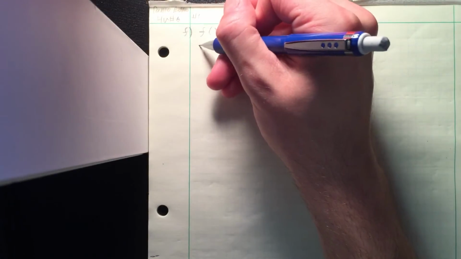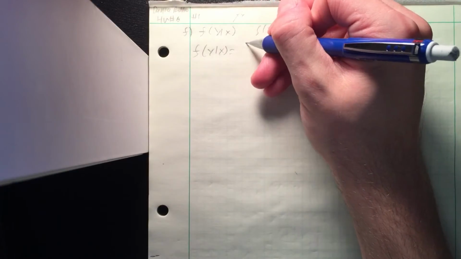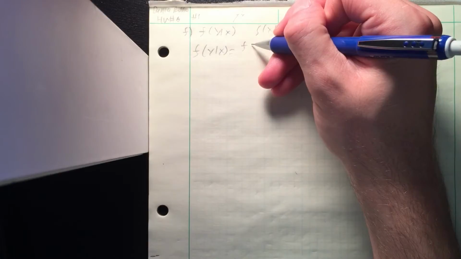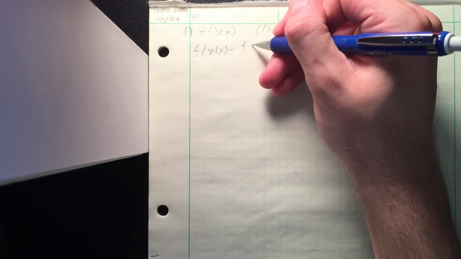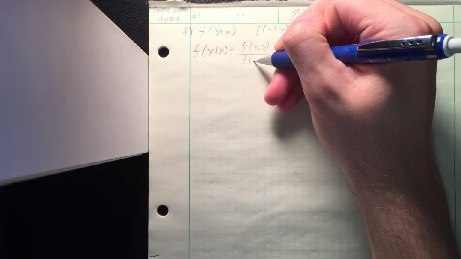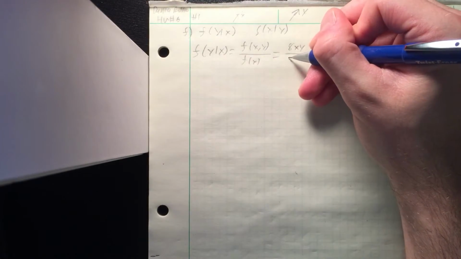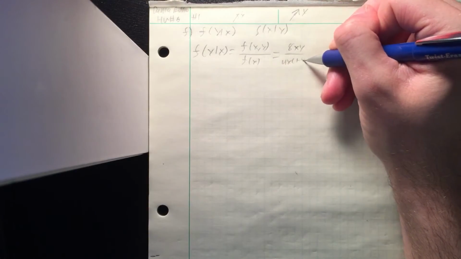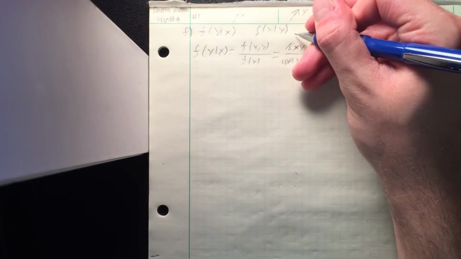So let's first find them both. F of y given x is going to be equal to, breaking out the old conditional probability, f of x y, which we already know, divided by f of just x, the function that is. So 8xy divided by 4x, 1 minus x squared. So cross that out, cross that to 2.